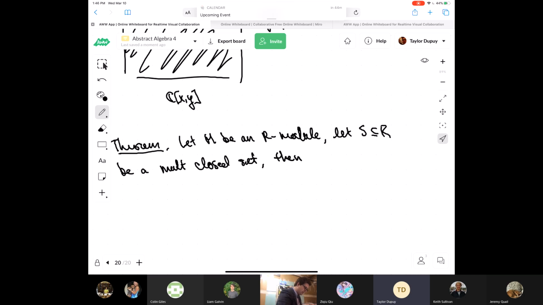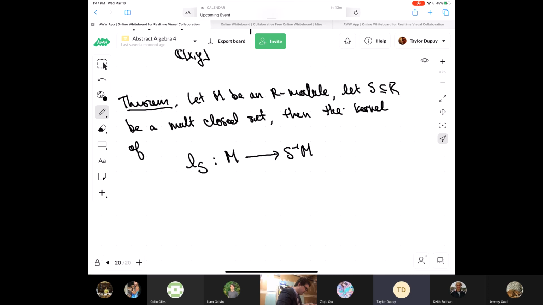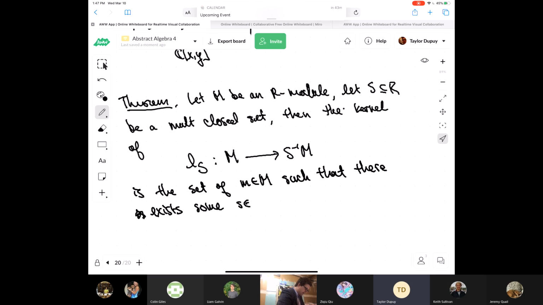Then the kernel of the localization map from M to S inverse of M is the set of m in M such that there exists some s in S with s times m equal to 0. So they're the things killed by S.